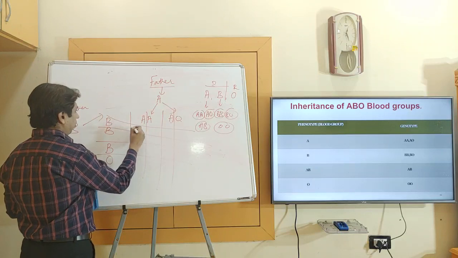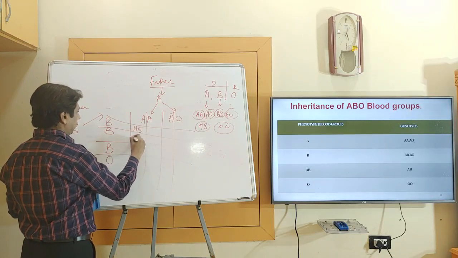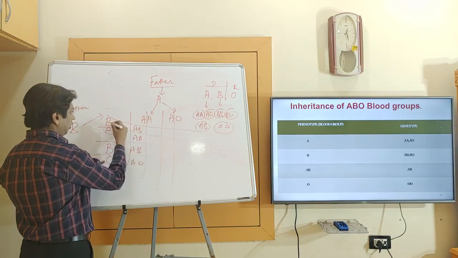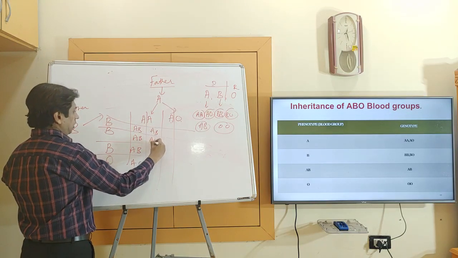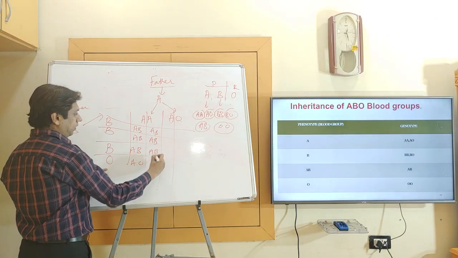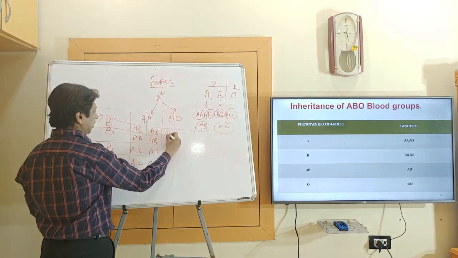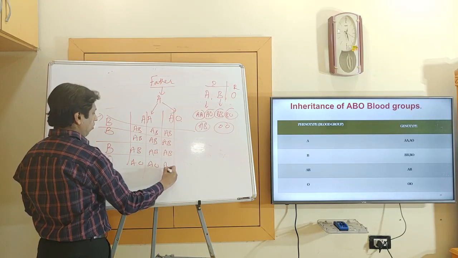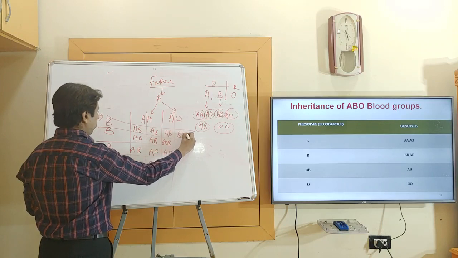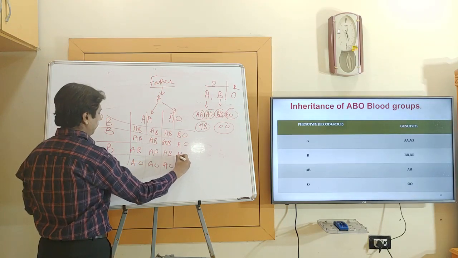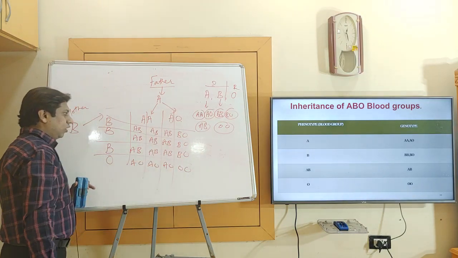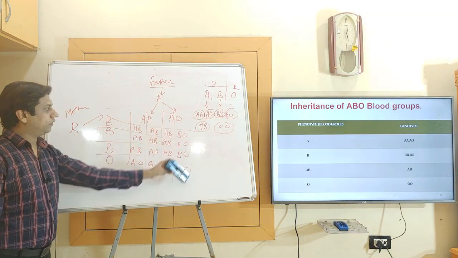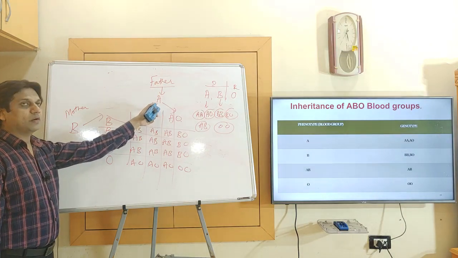It could be AB, AB, AB, AO, then AB, AB, AB, AO, again AB, AB, AB, AO, then BO, BO, BO and OO. These are the likely possibilities for the offspring of a father with blood group A and a mother with blood group B.